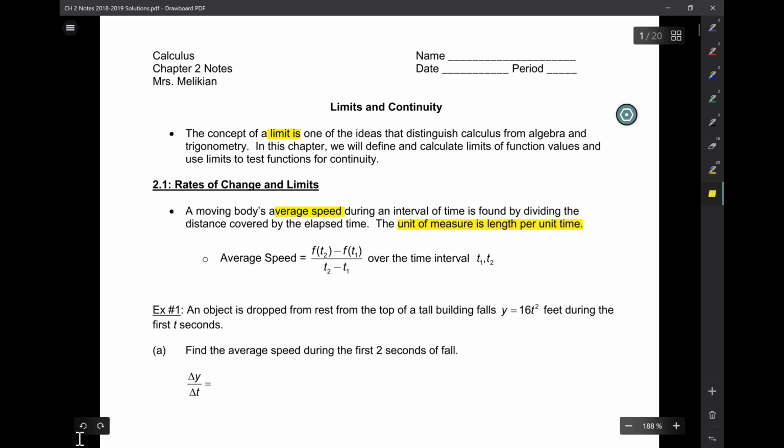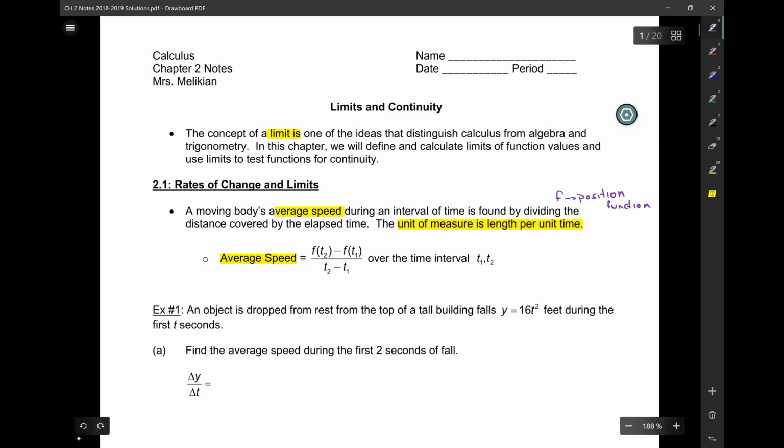And the way we define average speed is f of t2 minus f of t1. Okay, what are these things? F in this case is the position function, right? So first we have to determine how much you traveled. Well, if you traveled 300 miles, how do you know? You started from here, you ended here. How much of a difference is that?